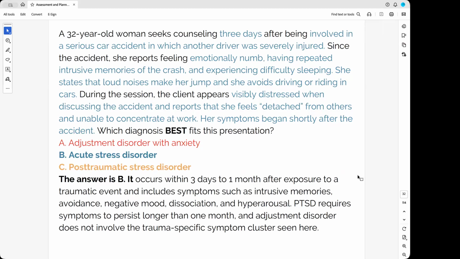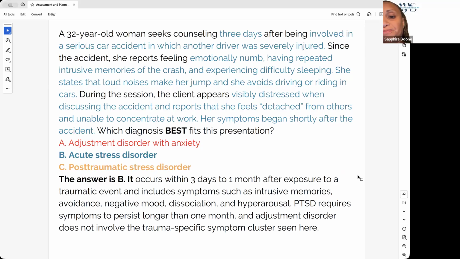Can you repeat that again regarding the adjustment disorder? You say it does not involve trauma. Right. So for both acute stress and post-traumatic stress disorder, you have to have a trauma, and both of them are going to be a life or death trauma that either happened to you or that you witnessed. With adjustment disorder, you could have adjustment disorder because you moved.